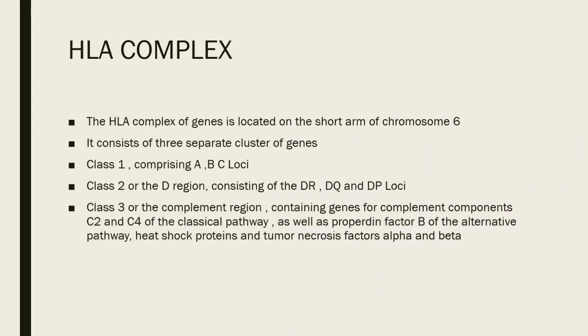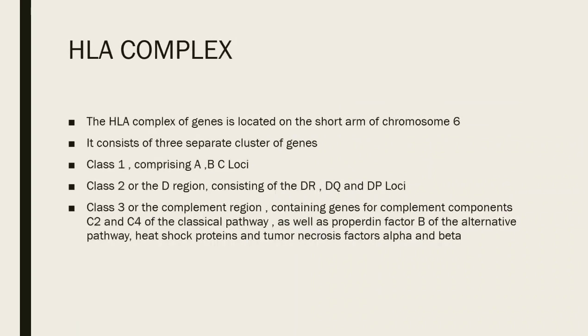Now the HLA complex. The HLA complex of genes is located on the short arm of chromosome 6. It consists of 3 separate clusters of genes, so there are 3 main classes. Class 1 comprises A, B and C loci. Class 2, or the D region, consists of the DR, DQ and DP loci.